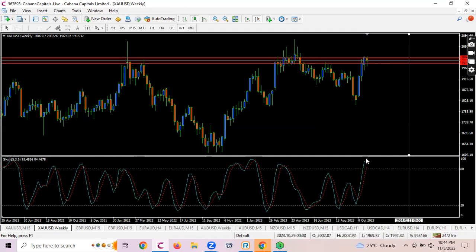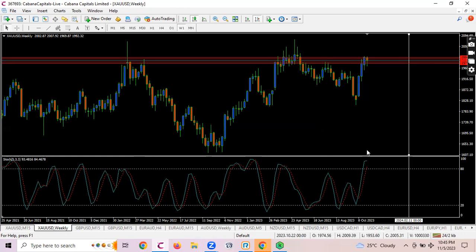We also, stochastic is at overbought level, and we have hanging man. You can see we have hanging man, and we have stochastic above level 80. So this confirms that the trend is bearish, unless this resistance is broken. That is when we will consider buying.